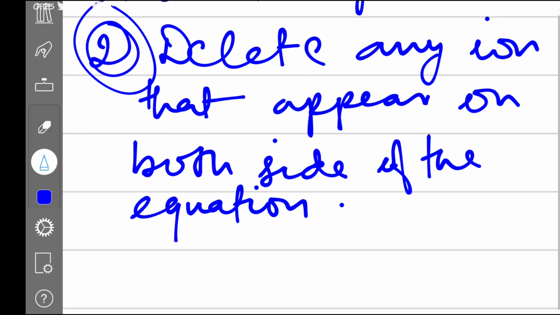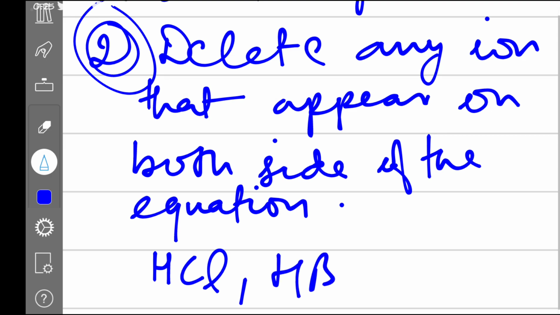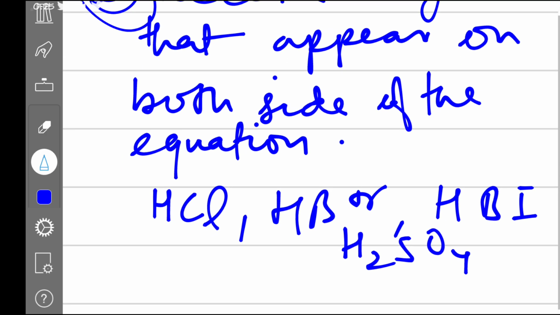So these are strong acids, like HCl and HBr, HI. These are strong acids, or H2SO4, sulfuric acid. And salt is basically not a strong electrolyte, just remember that.